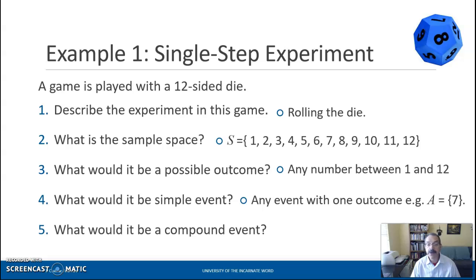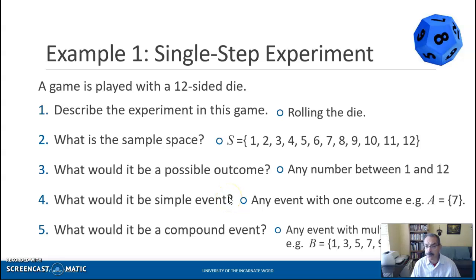Well, any event that contains more than one outcome. For example, here's an event with 1, 2, 3, 4, 5, 6, 7 outcomes that corresponds to the event, an outcome that is an odd number. So I hope this example helps you see how we apply the different definitions.